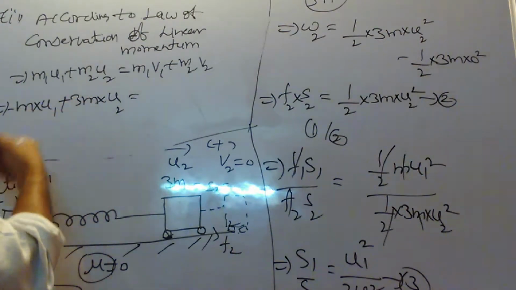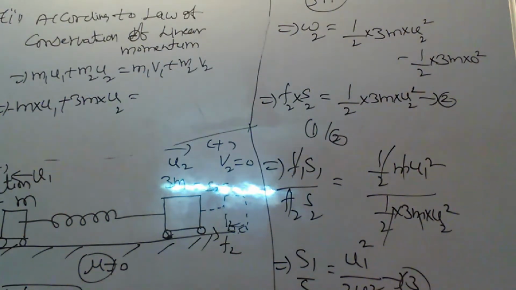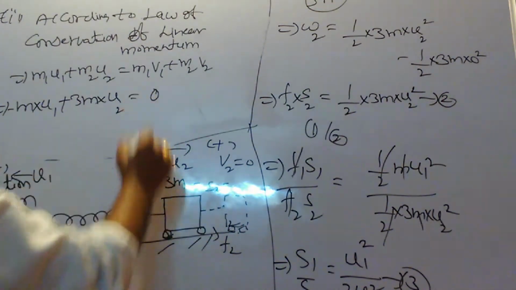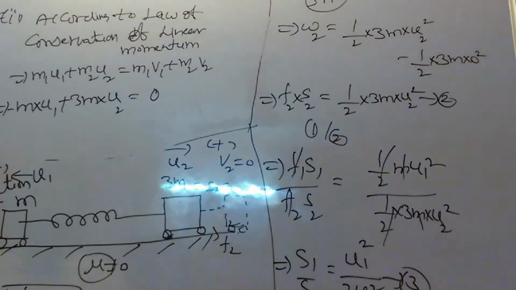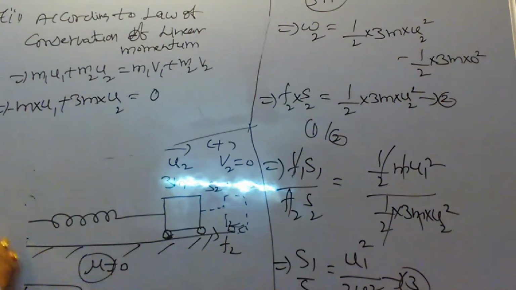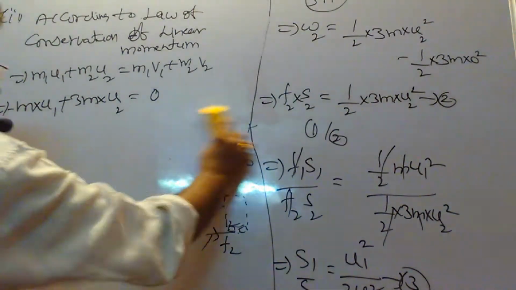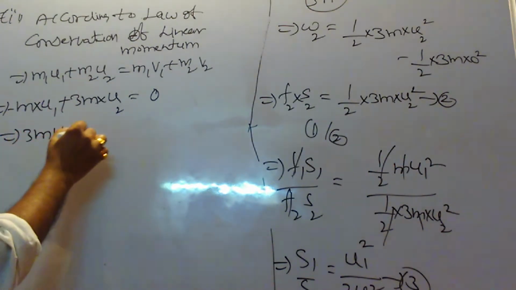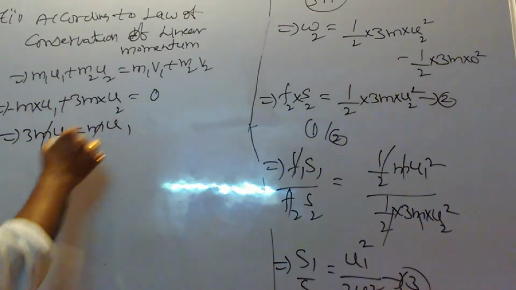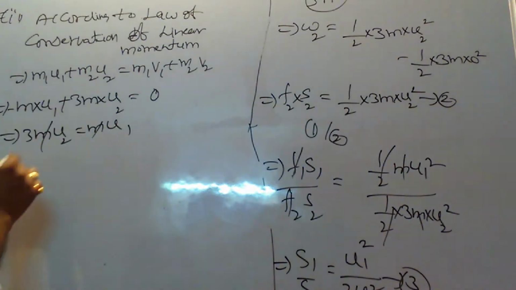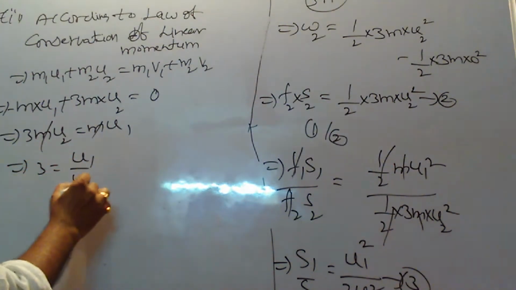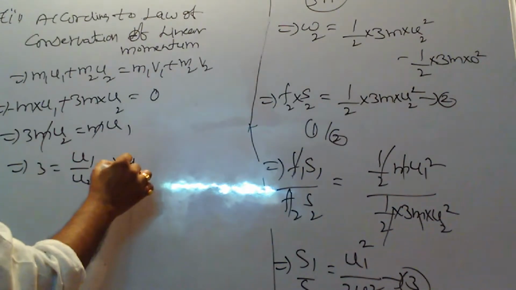This is the total momentum at the start. After release, the final velocities are 0, so this becomes 0. This implies 3m u2 equals m into u1. m cancels, so 3 equals u1 by u2. I take this as the fourth equation.